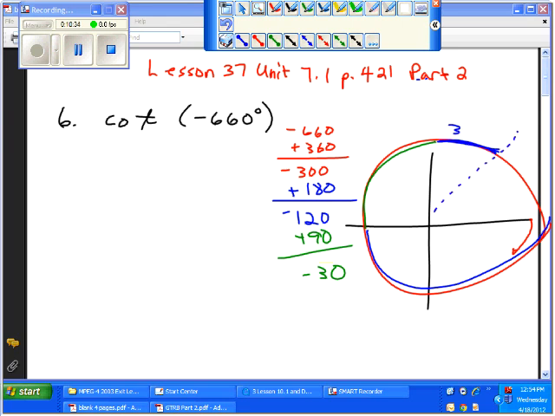But what angle does that leave us with? So we ended up, if you think about the positive, quadrant 1, the reference angle then would be 60 degrees. And so from quadrant 1, thinking about an angle in standard position, this would relate to cotangent of 60 degrees.